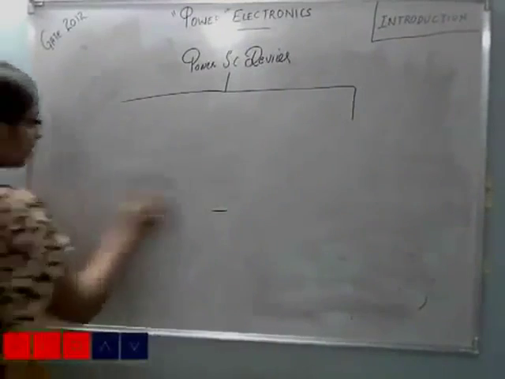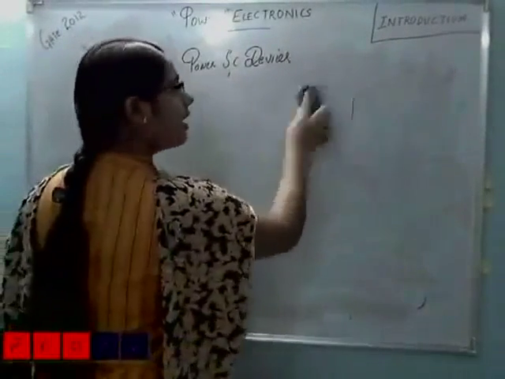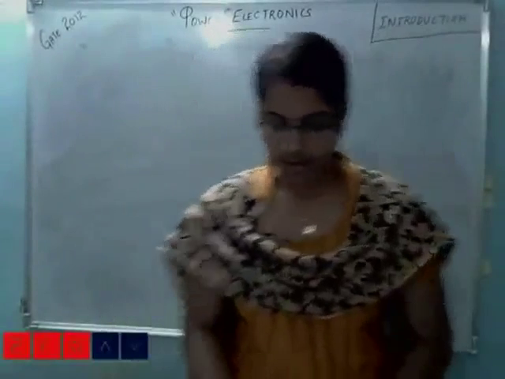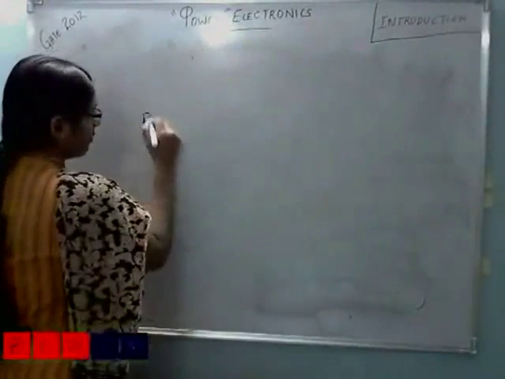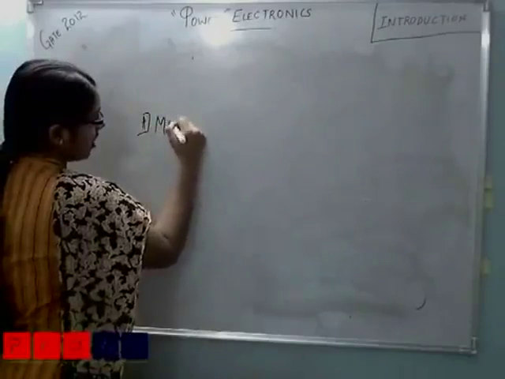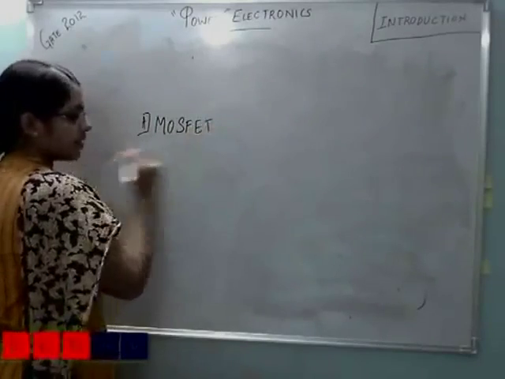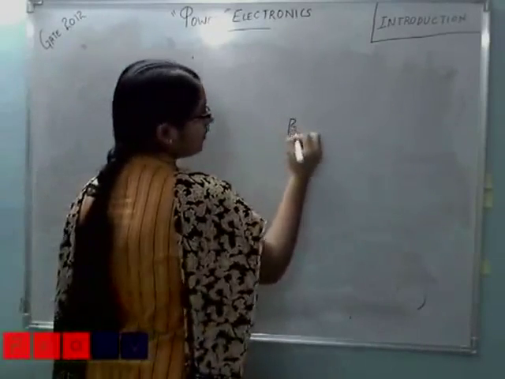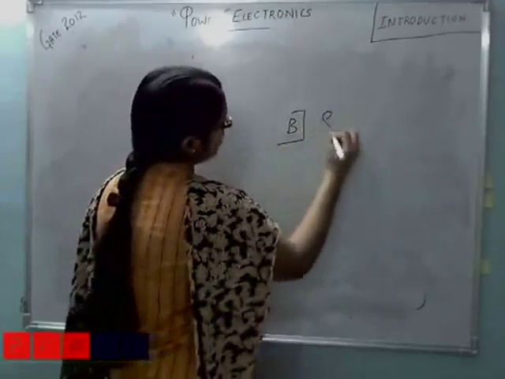Now, for all the questions which I am giving now, I'll give some common choices. These will be the common choices which may come for all these types of questions. You will get a choice like A, MOSFET, metal oxide semiconductor field effect transistor. B, you have say an SCR.